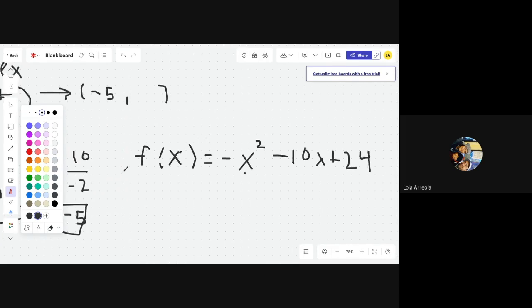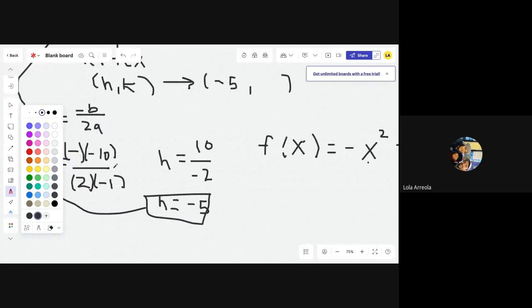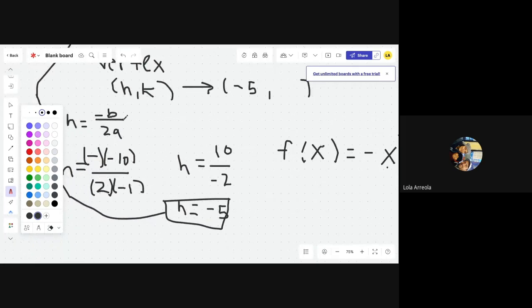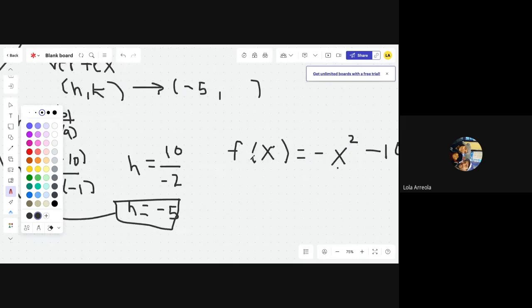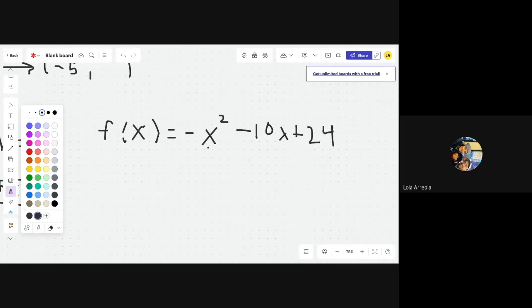Just like what I did with negative b over 2a, before I started plugging in values, I put parentheses around the letters, so I remind myself to plug in and keep the integrity of the problem. So before I plug in -5 for x, I'm going to put parentheses around my x values. So I put parentheses around that x, and around that x.